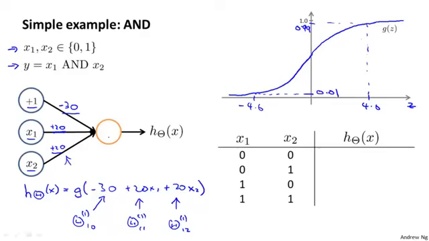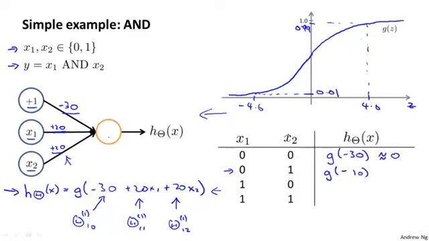Let's look at the four possible input values for x1 and x2 and see what our hypothesis will output in each case. If x1 and x2 are both equal to 0, then the hypothesis will output g of -30. So it's very far to the left of this diagram, so it'll be very close to 0. If x1 equals 0 and x2 equals 1, then this formula evaluates to g of minus 10.